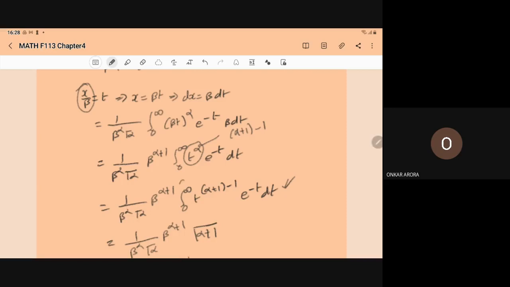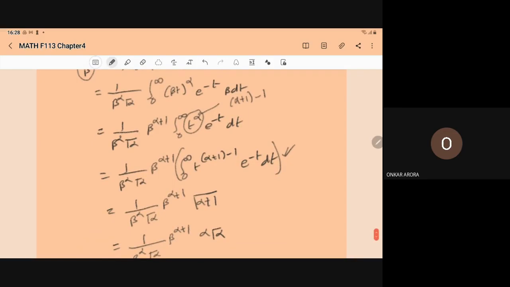Now what is this bracket? This is the standard gamma function, equal to gamma of alpha plus 1. So 1 upon beta to power alpha gamma of alpha, beta to power alpha plus 1, gamma of alpha plus 1.